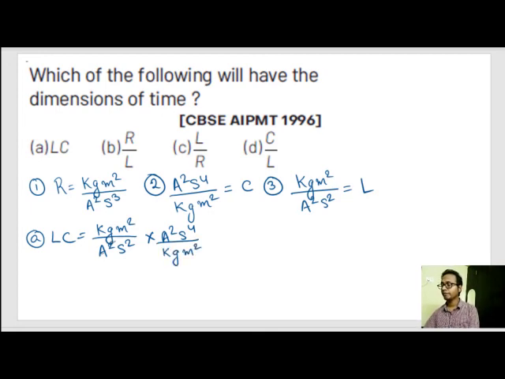The ampere square gets cut, the kg gets cut, and the meter square gets cut, so it becomes s square. That means LC becomes time square.